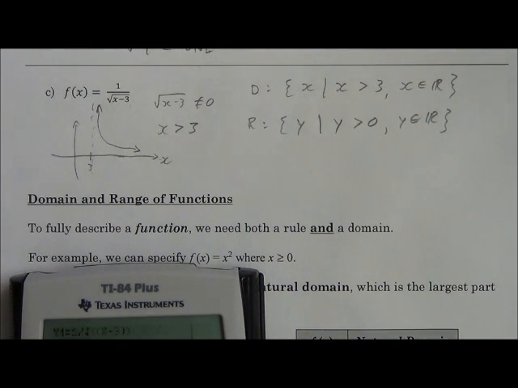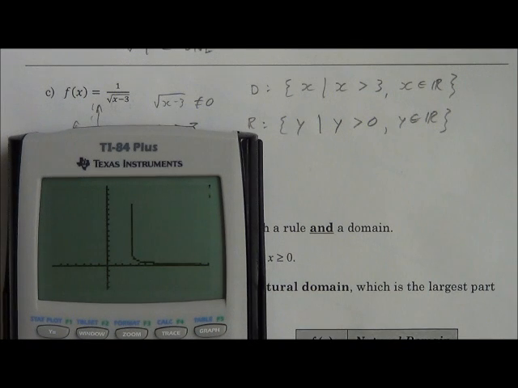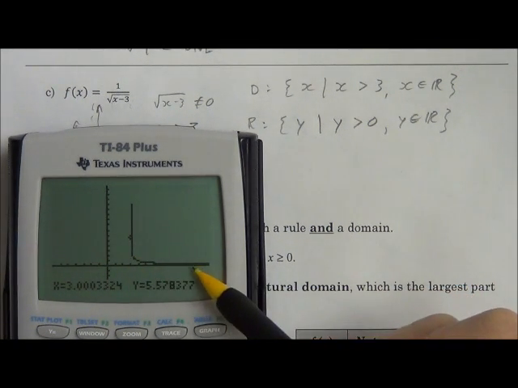I'm going to zoom out maybe a couple times to get back to where we had a better view of the curve itself. So I keep zooming out. And we see that now the graph has that little L shape.